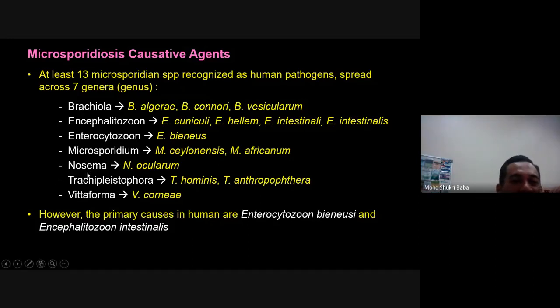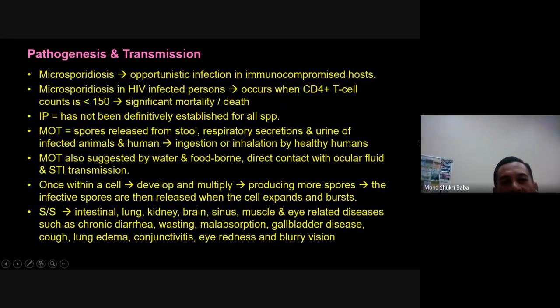Macam nosema ni, okay, basically dia akan infect serangga lah. Basically rama-rama dengan kumbang nosema ni. Alright, so yang pada manusia kita concern on this saja. Okay. Microsporidiosis adalah opportunistic infection in immunocompromised hosts.